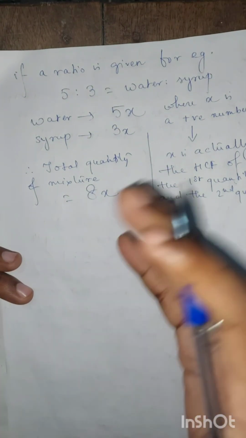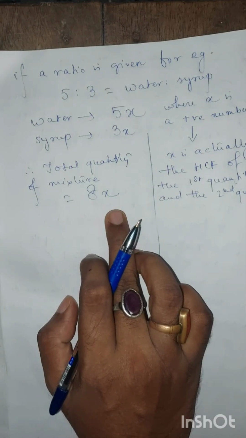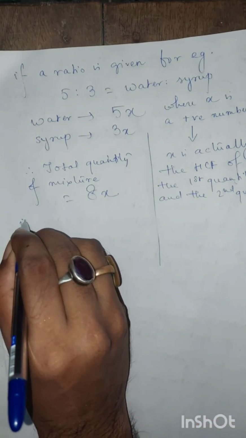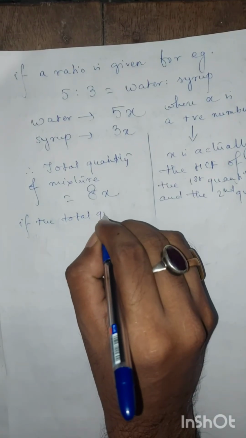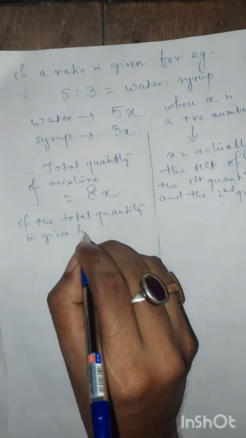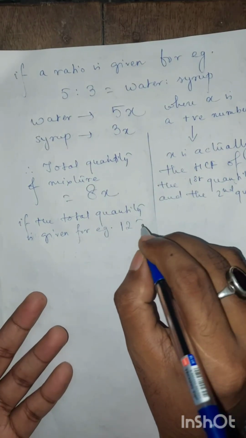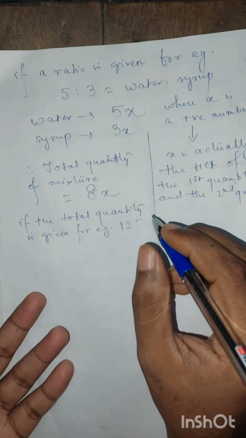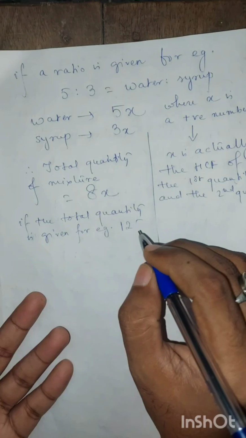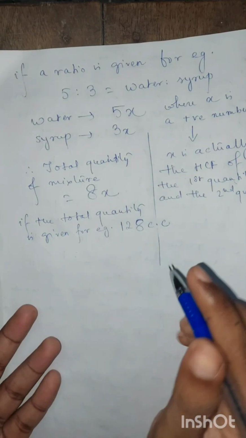Now, if the total quantity of water is given, then we can equate that with 8x, and we can find the value of x. For example, if the total quantity is given, for example, it is 128 cc, we can equate these two quantities.